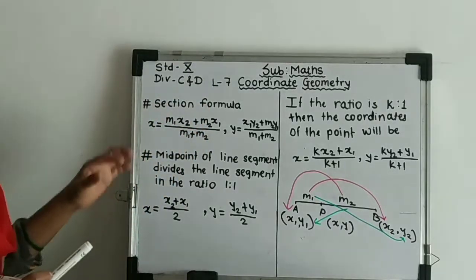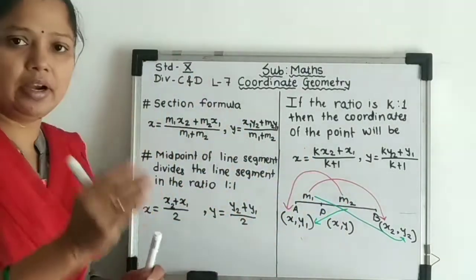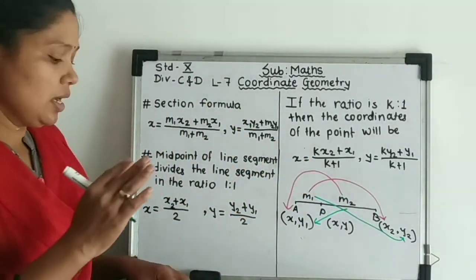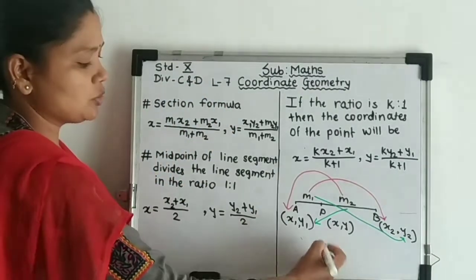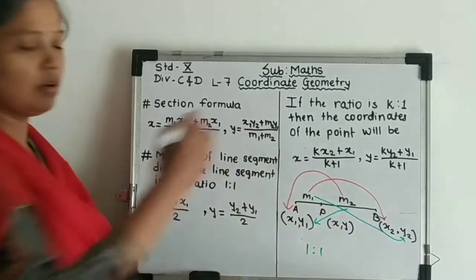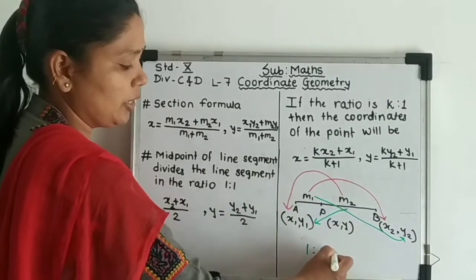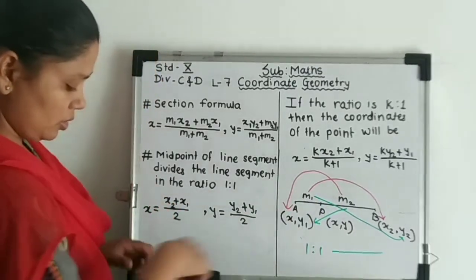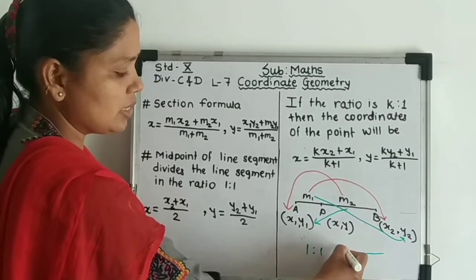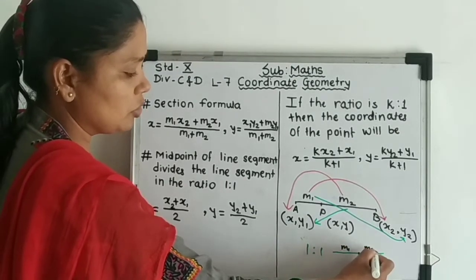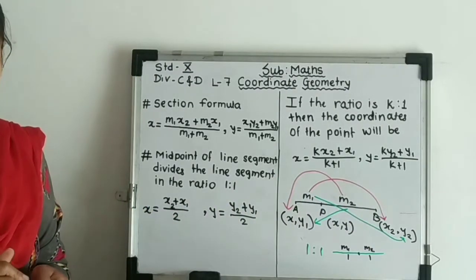Now if this point divides the segment exactly in the middle, meaning it makes two equal parts, then the ratio becomes 1:1, because both parts are equal, right?